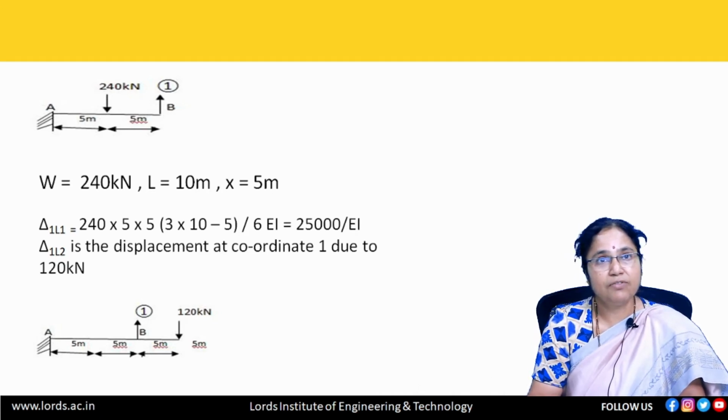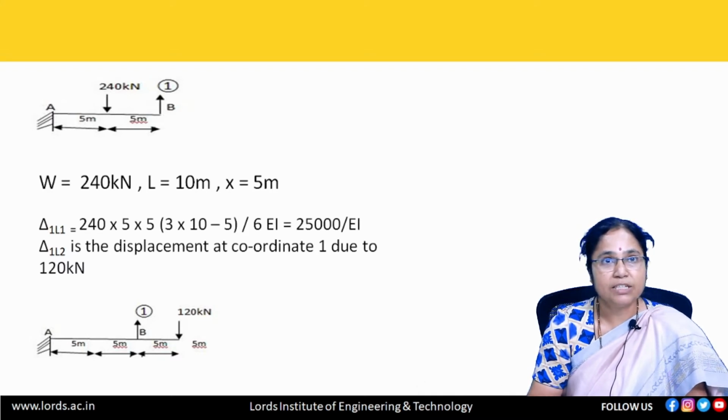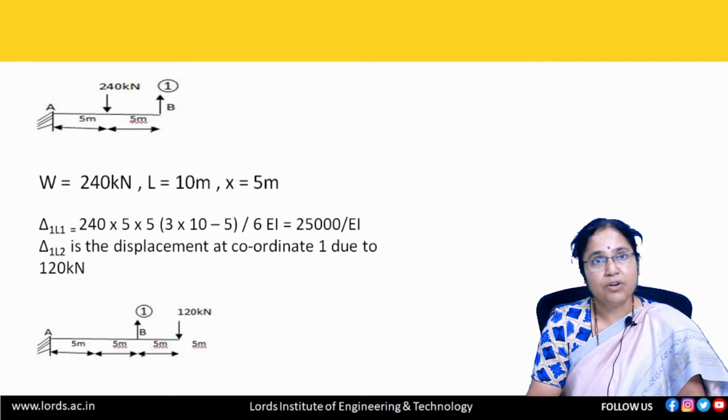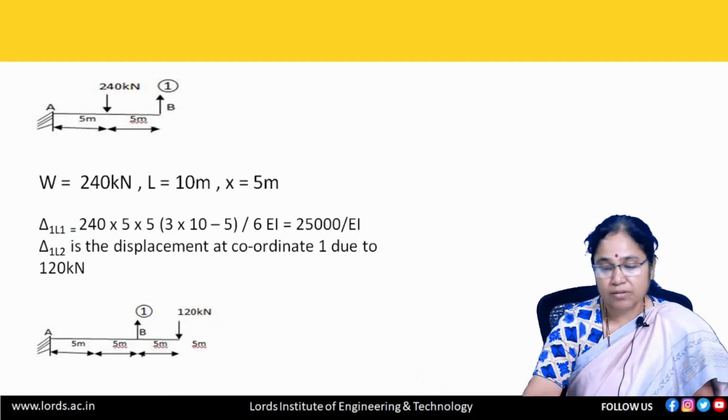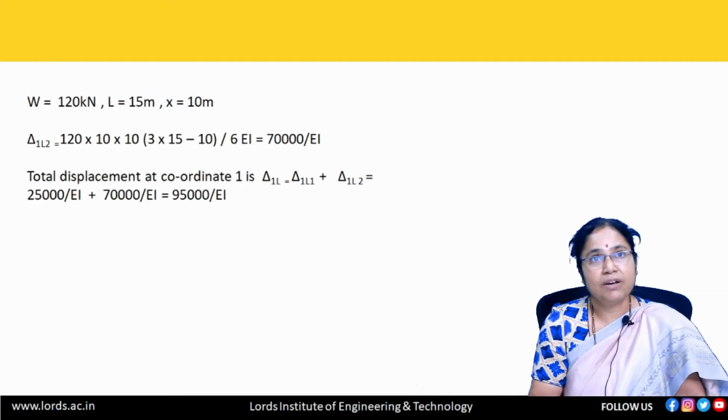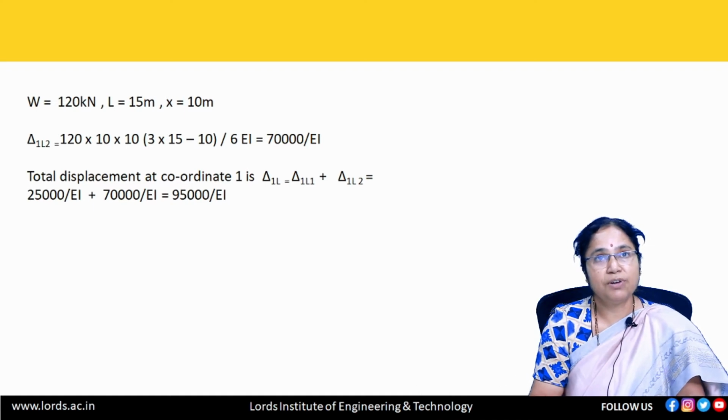In the same way, we will find out delta 1L2, which is the displacement at coordinate 1 due to the second point load of 120 kilonewtons. In the second case, W equal to 120 kilonewtons, L equal to 15 meters, x equal to 10 meters. So delta 1L2 equal to W x square into (3L minus x) by 6EI.